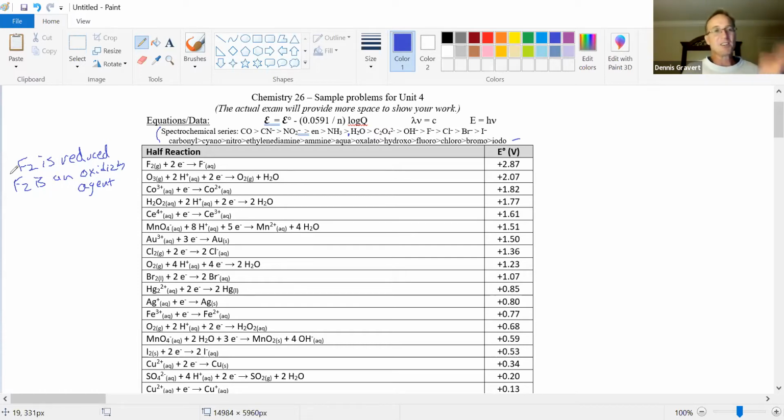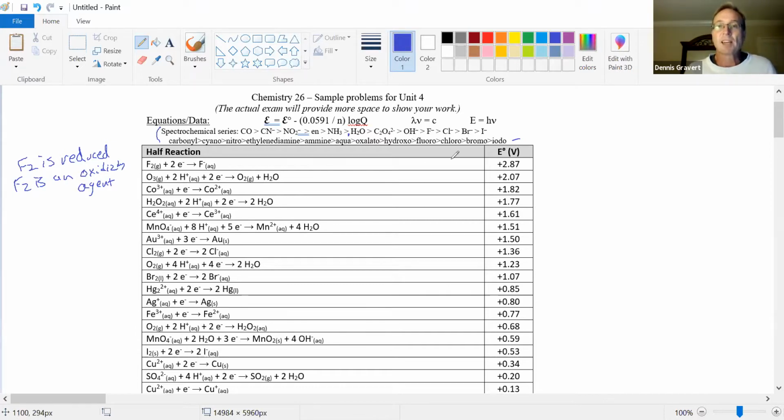That's the first thing. Just know that F2 is so unusual. F- we see all the time, fluoride ion. It's a weak acid, kind of stable. F2 is very reactive. This is a very favorable reaction. It's going to go and eat up electrons, meaning F2 is reduced, and F2 becomes an oxidizing agent.